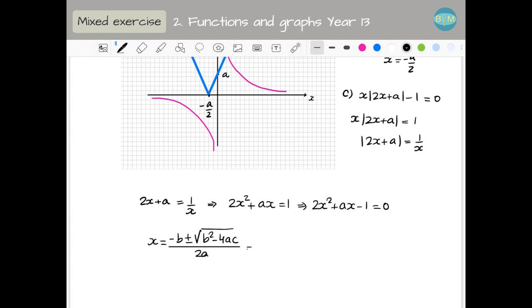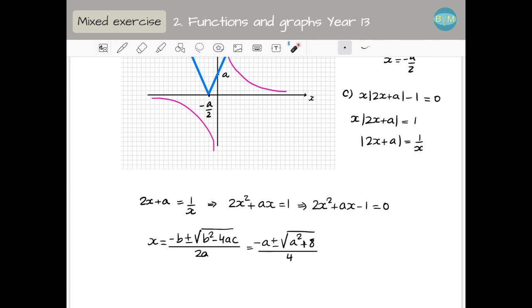When we substitute each of the values, minus b is minus a, plus or minus the square root of b squared, which is a squared, minus 4 times 2 times minus 1 becomes positive, and 4 times 2 is 8, so a squared plus 8, divided by 2 times 2, so 4.